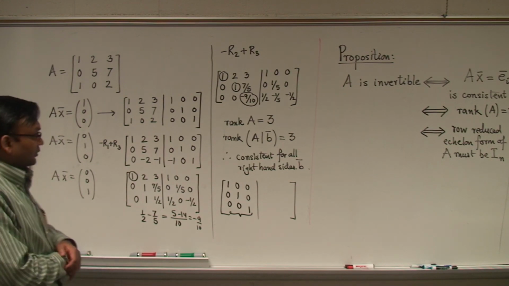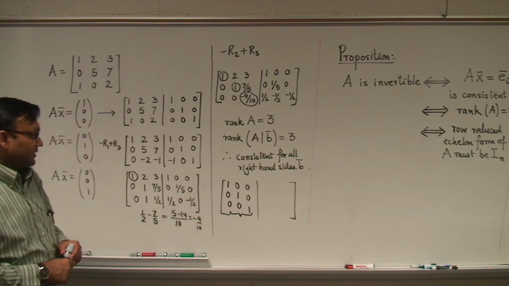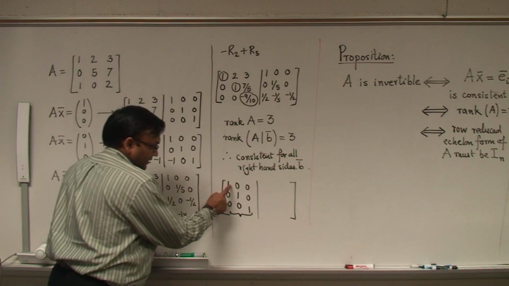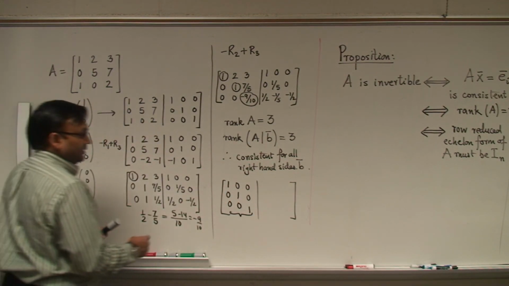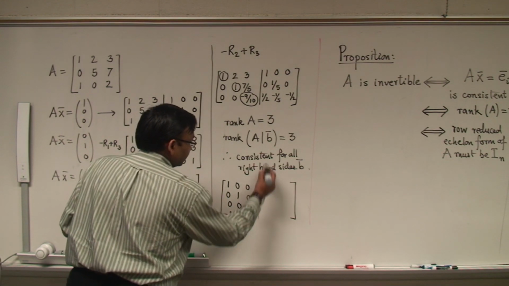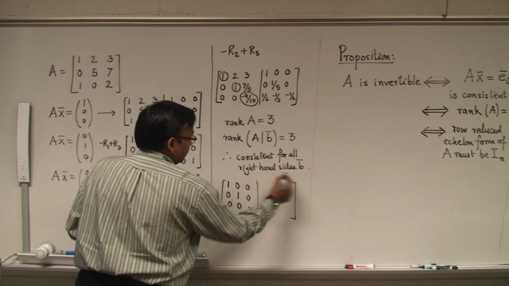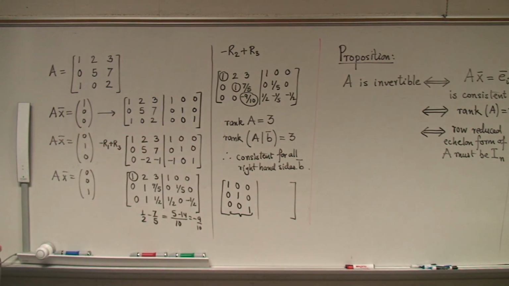One more thing comes out of here, which you can realize. The moment I said every row should have a pivot, that guarantees that no matter what I put on the right-hand side, for all right-hand sides, I will be able to solve the system.